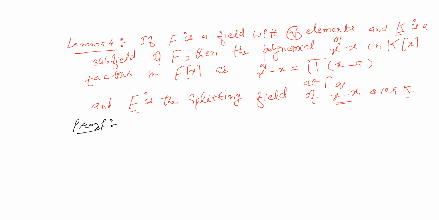Since the polynomial x raised to power q minus x has degree q, it has at most q roots in F, because any polynomial of degree n has at most n roots in the extension field.